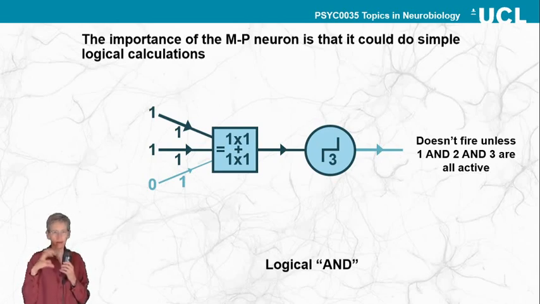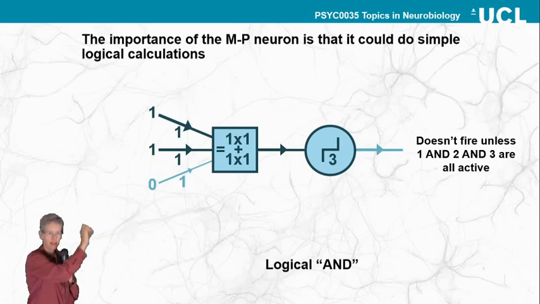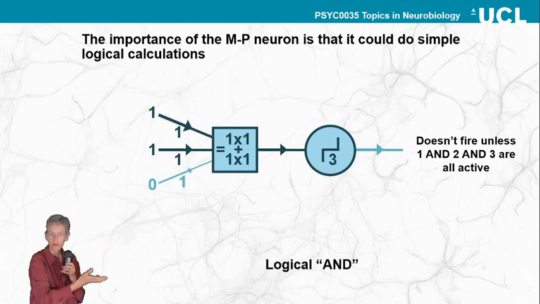So if the sum of them adds up to more than the threshold. So remember that the activation is multiplied by the weight. So in this particular example, each activation is 1 and its weight is 1. So you've got 1 times 1 plus 1 times 1 is 2. And the threshold for that neuron, which is shown on the right there, is 3.